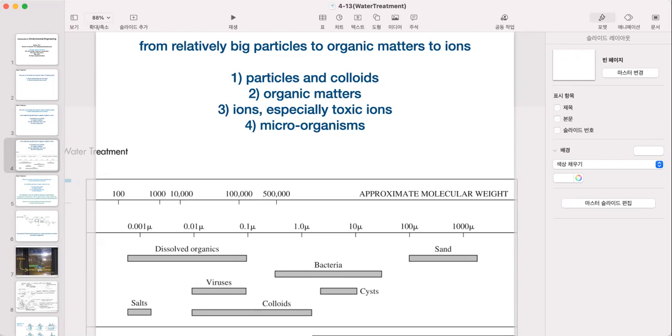Exactly the same to water treatment as well. If our colloid, if our virus, if our dissolved organic matters have a negative charge in water, if we use certain surface having negative charge, we can remove them.